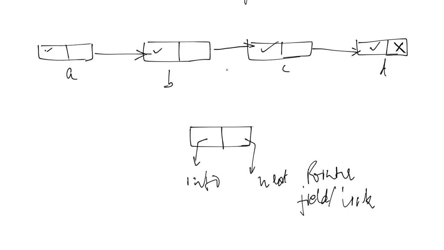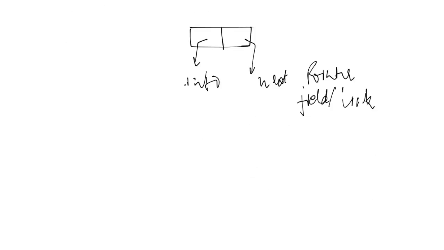We can also create a two-way list. For that, we need to have two different pointer fields. The first field will hold the address of its previous node, the third field will hold the address of the next node, and the middle field is called the info field.